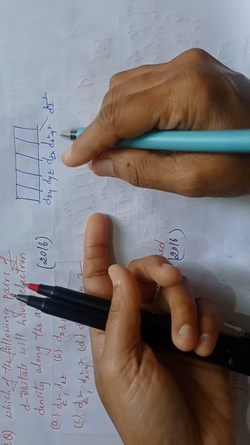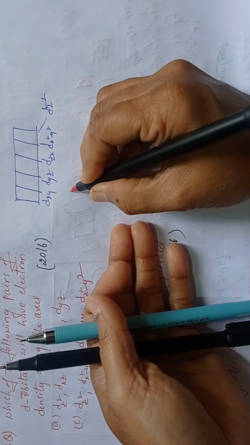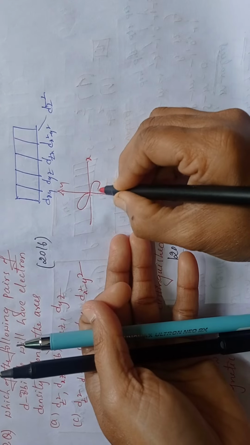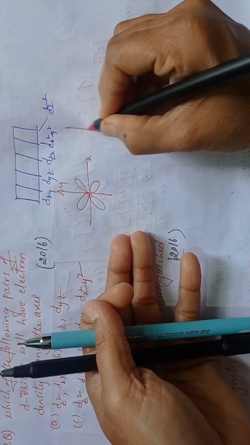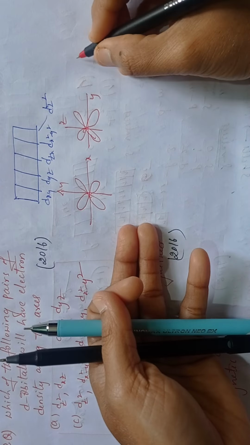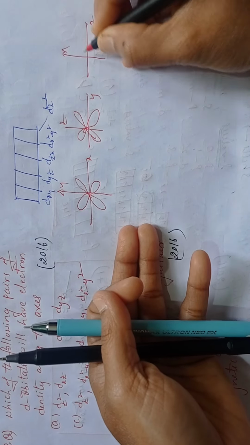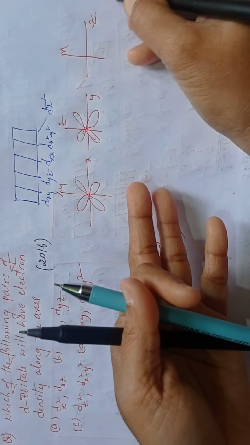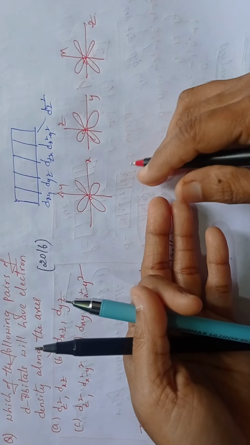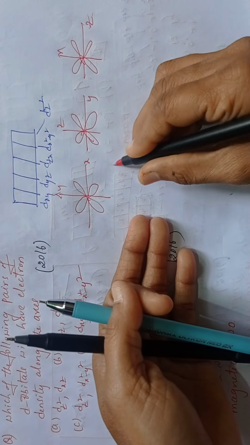So here the dxy shape, what I told you: this is the x-axis, this is the y-axis, and here this is dxy, correct, and this is dyz. And this is dzx. You can take any type of axis students, zx. So this is dzx. Coming to dx square minus y square, what is the shape?